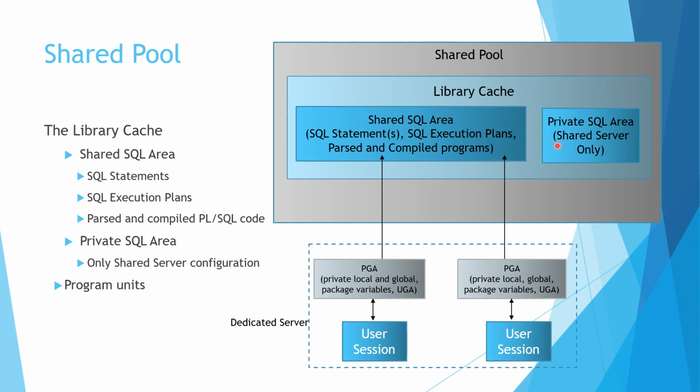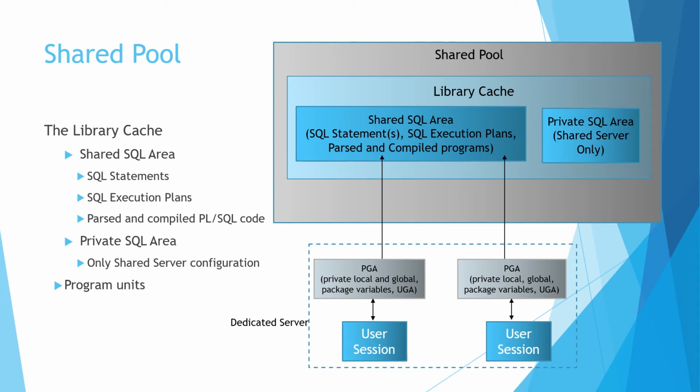If the user session finds an identical SQL in the shared SQL area, it uses it to execute the statement, and if no identical SQL statement is found, then allocation is made for the SQL in the shared pool. So it becomes significant to try and reuse SQL code in order for the library cache to be efficient.